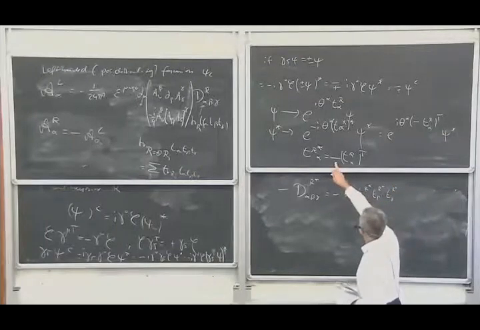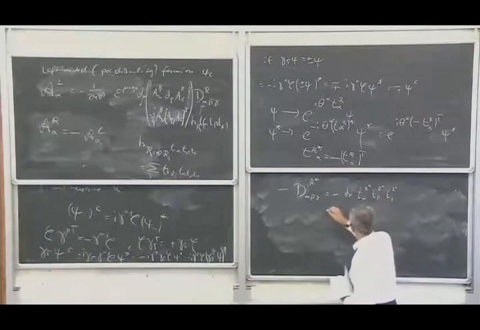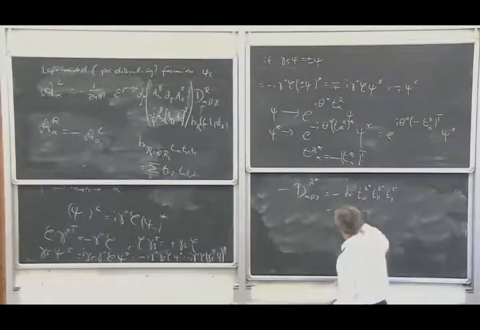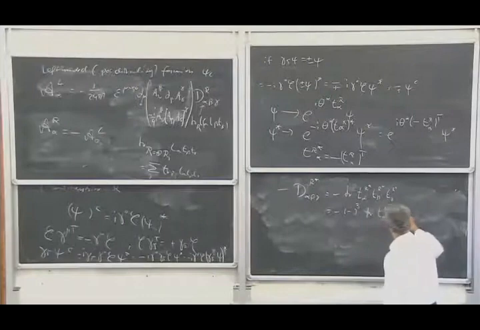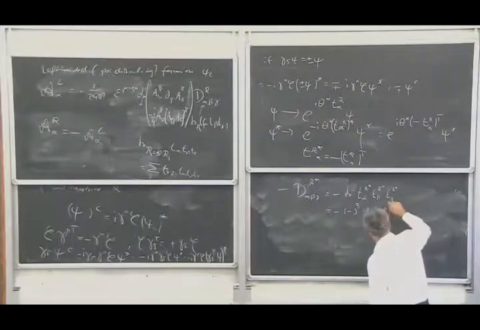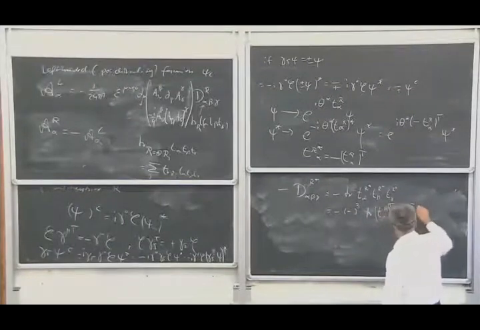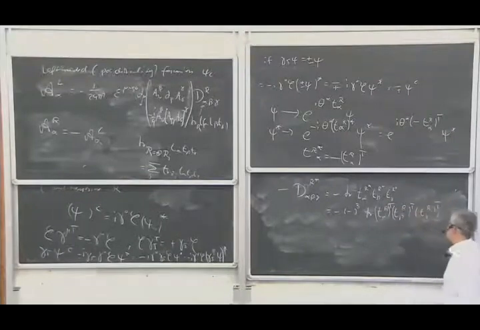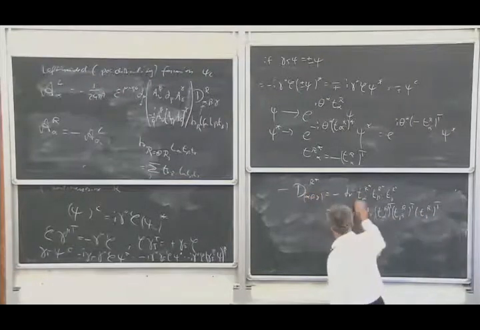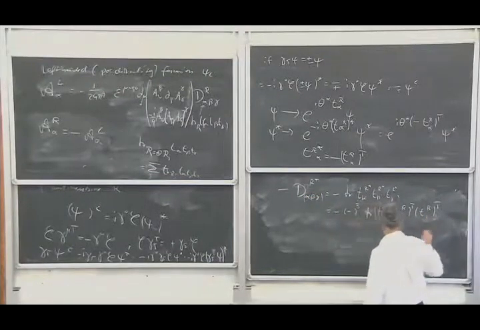But I get 3 minus signs and the transposed. So there's this minus sign, there are 3 minus signs for each of these generators, and then I get a trace of T alpha R transposed, T beta R transposed, T gamma R transposed. Well, symmetrized. They're all symmetrized in alpha, beta, gamma.